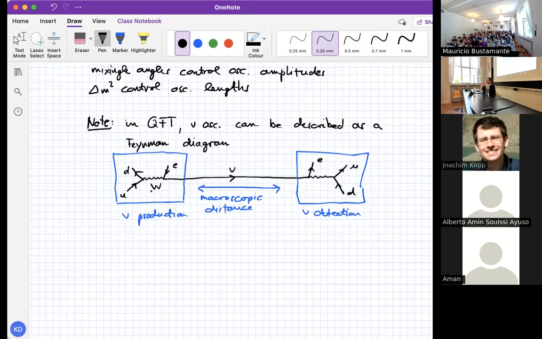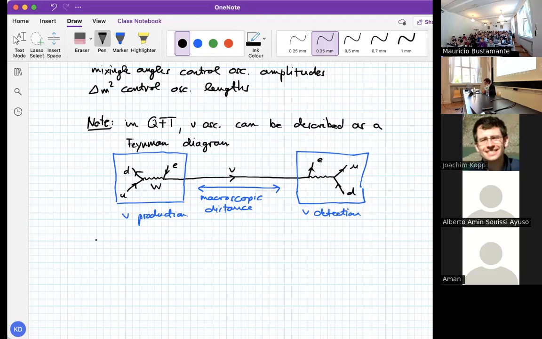The typical way in which we evaluate Feynman diagrams doesn't work here, because when we typically think about Feynman diagrams, we treat all particles as momentum eigenstates. Now, a momentum eigenstate is a plane wave, so it is infinitely delocalized in space. So that doesn't work here.